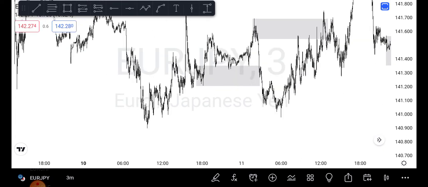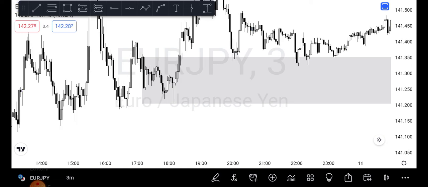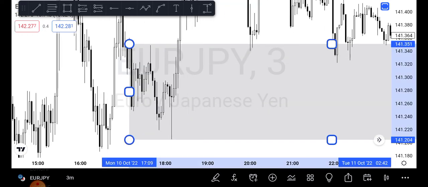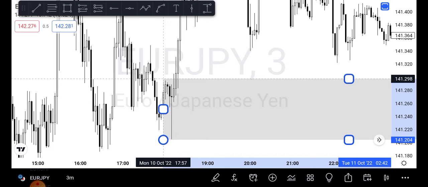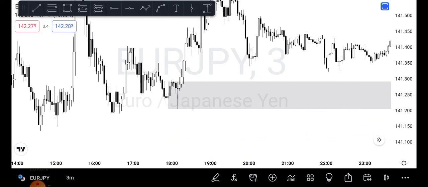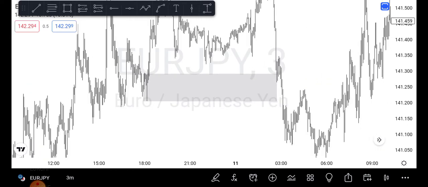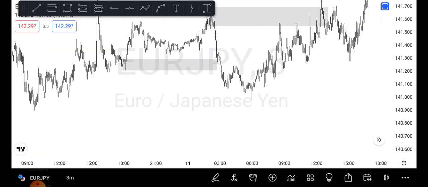Okay, here you can see, that's a sharp down move before the up move. Okay, let's look.